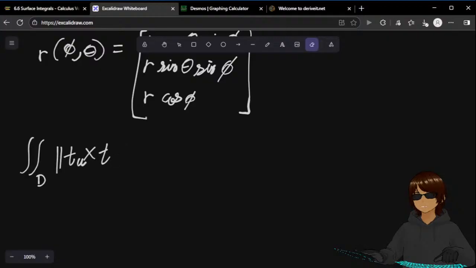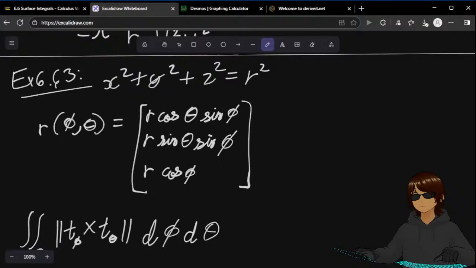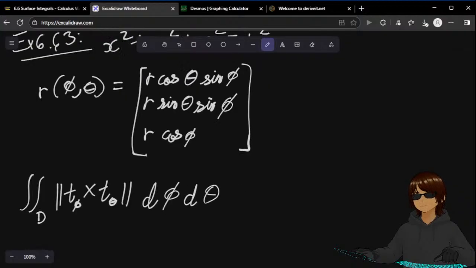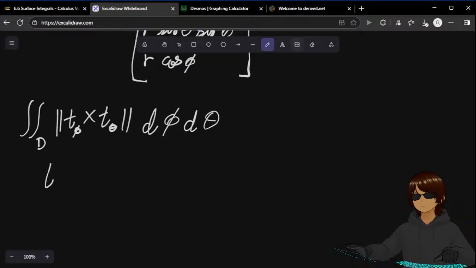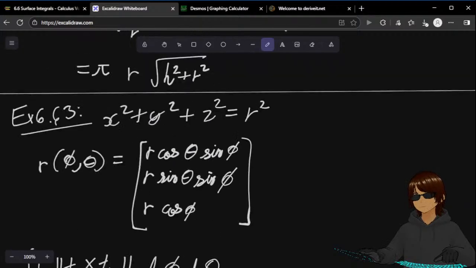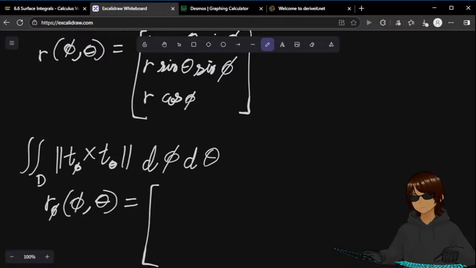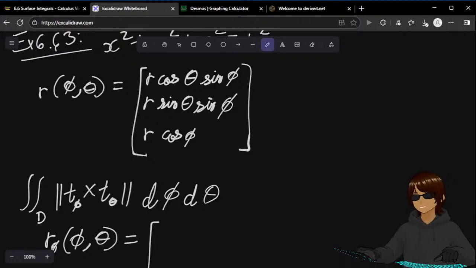Well, in this case, if I do this, derivative with respect to phi becomes r cos theta.